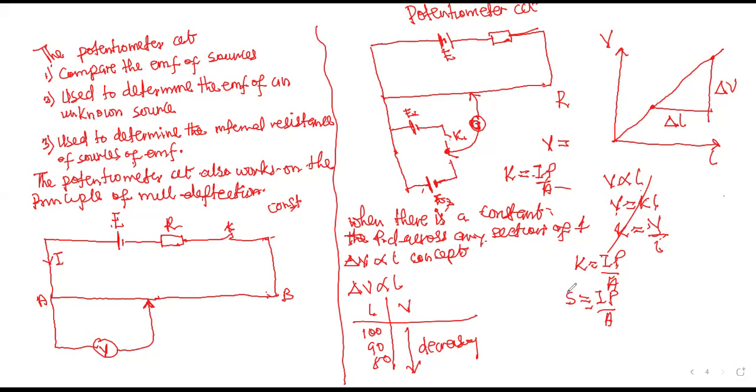S is the slope which can be determined from the graph. So when certain information about the conductor, maybe its resistivity and the cross-sectional area, is given, you can be asked to find I. Just this simple.